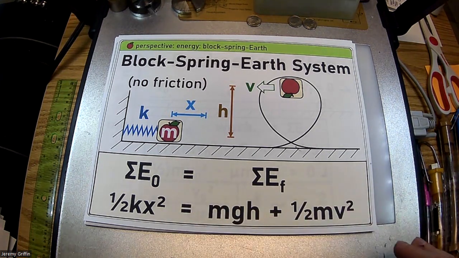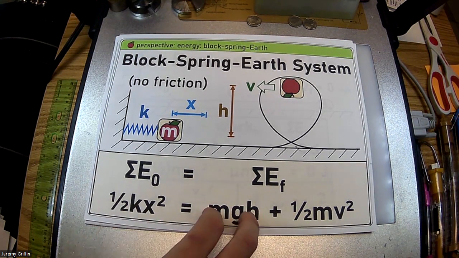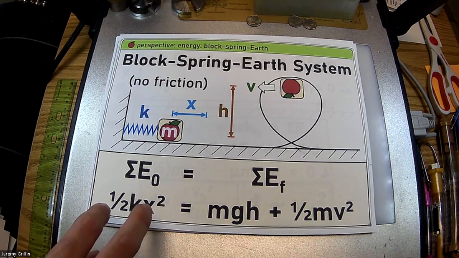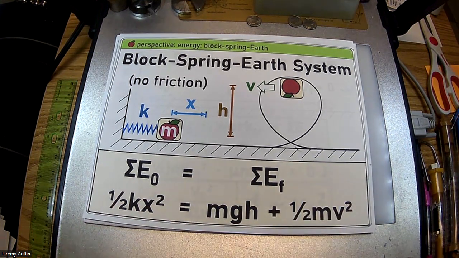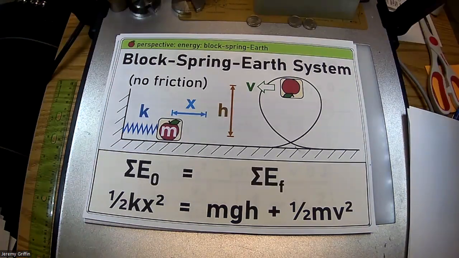Remember, anytime you add or subtract terms, they always have to be in the same unit. This is some number of joules, this is some number of joules, this is some number of joules. Maybe my initial 100 joules turned into 20 joules here, and the other 80 joules are left over there. If you know the math, with a little bit of algebra you can solve for that. That could be one way to do it.